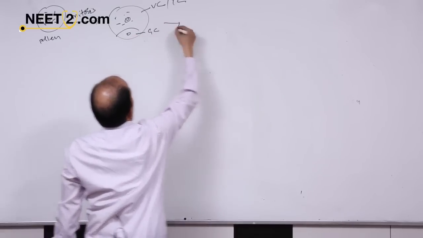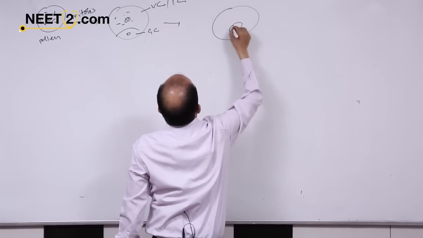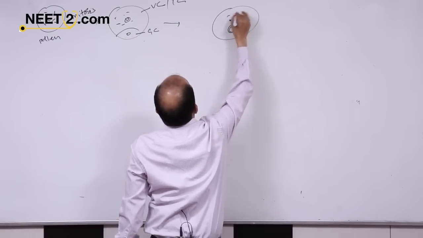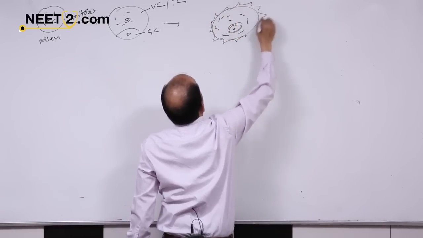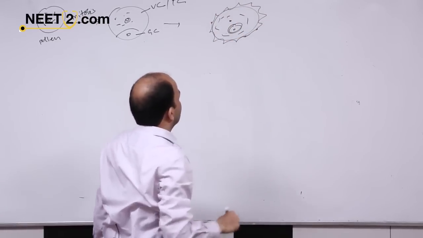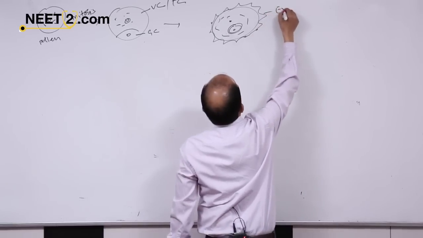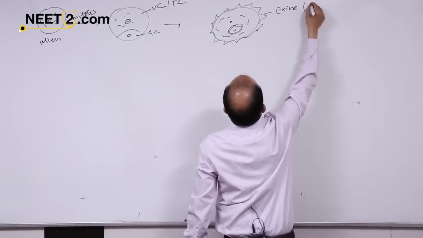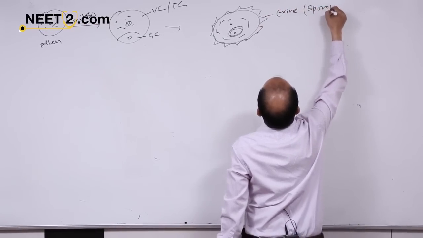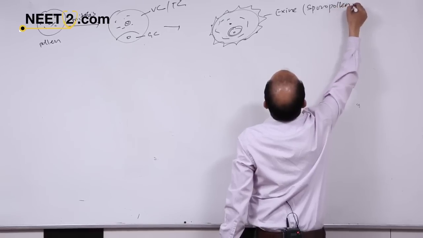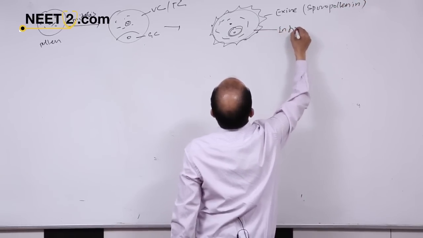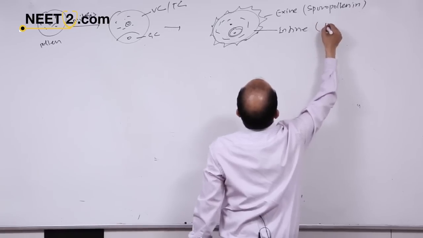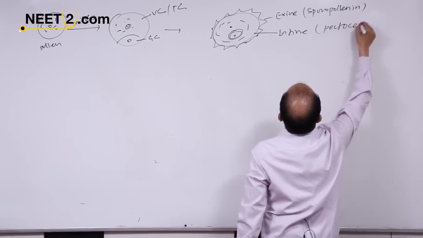Gradually the generative cell will get embedded in the cytoplasm of the vegetative cell, and the cell will get surrounded by the outer exine wall. The exine is made up of sporopollenin. This sporopollenin comes from the tapetum, and here is the intine, made up of pectin and cellulose, so this is pectocellulosic.